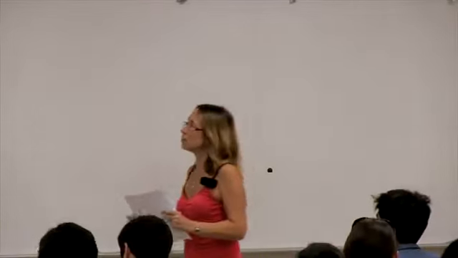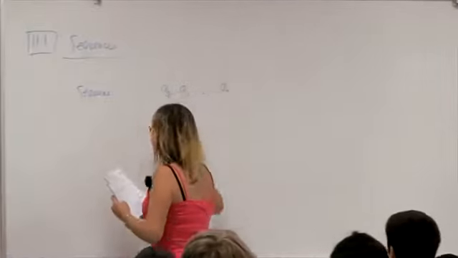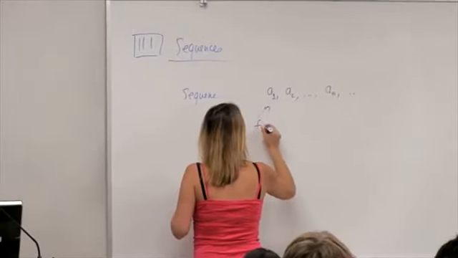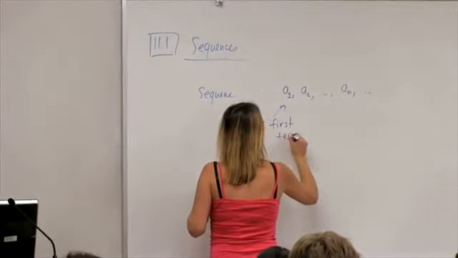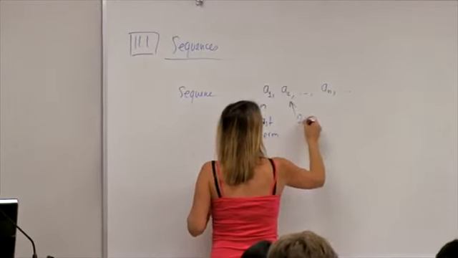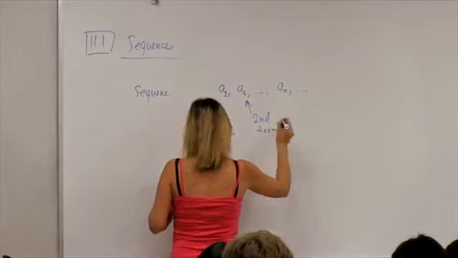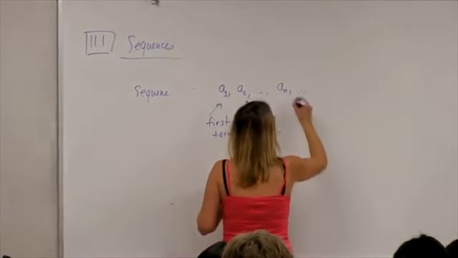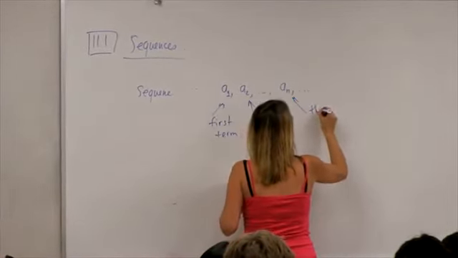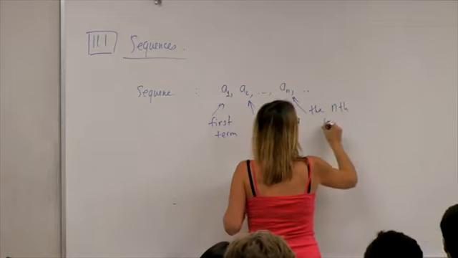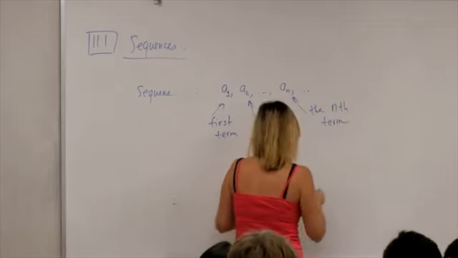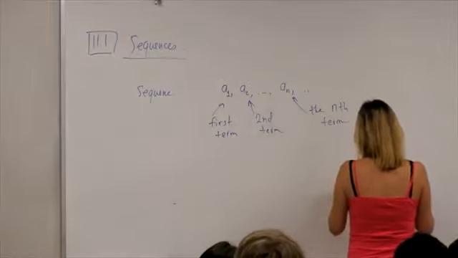So it's an infinite number of terms. So this is called the first term. This is the second term. And this is the nth term. Okay, these are the words that we'll be using a lot.